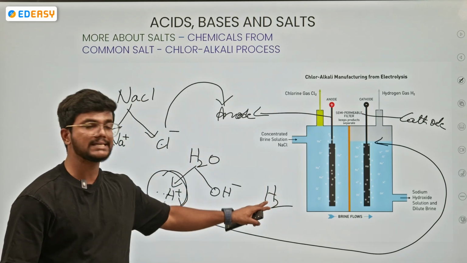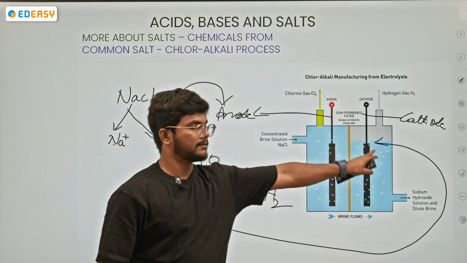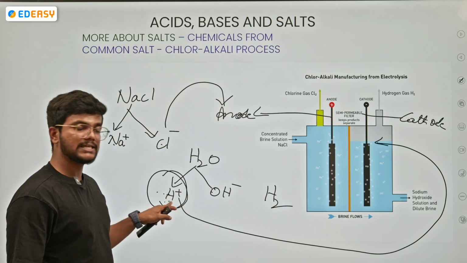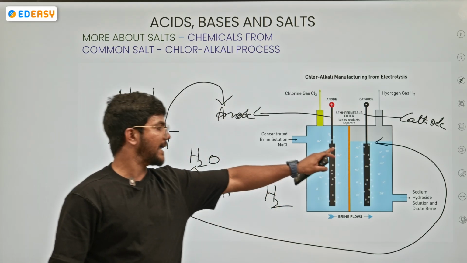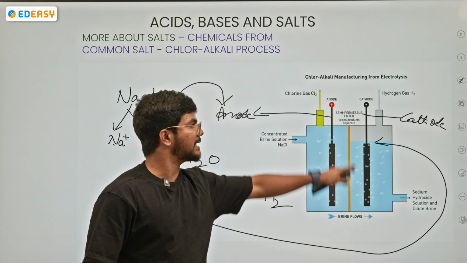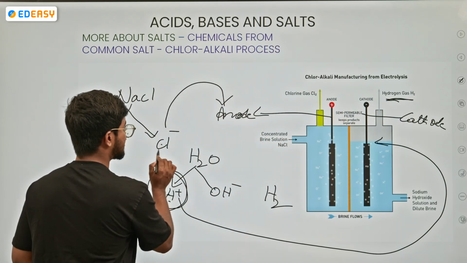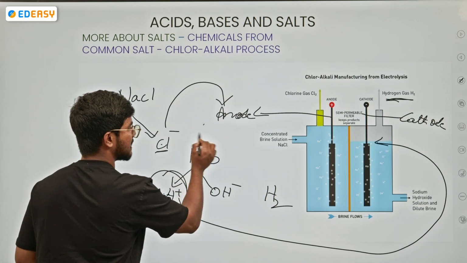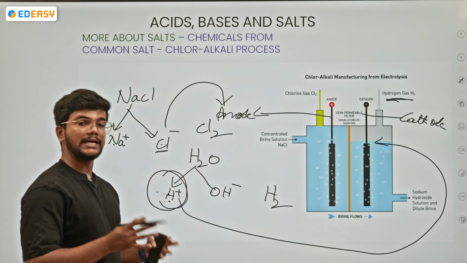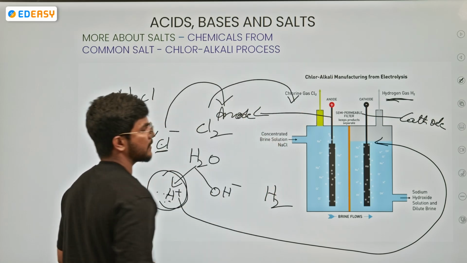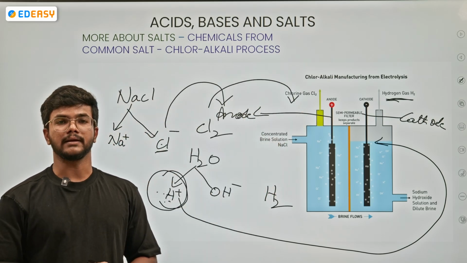So hydrogen gas can be collected at the cathode, because cations move towards the cathode. Cl minus makes bonds to give Cl2, and Cl2 gas can be collected at the anode, which is the positive terminal.